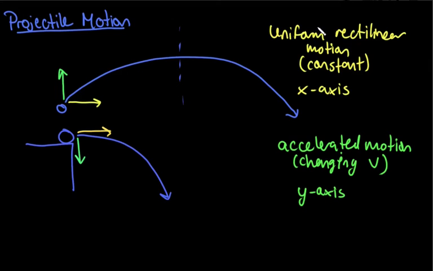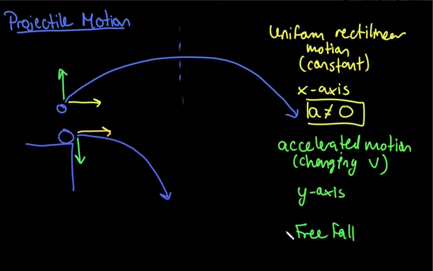Now, one thing to note about our uniform rectilinear motion, there is no acceleration. So acceleration is equal to 0. Then when we want to talk about accelerated motion, we need to consider that this is in free fall.